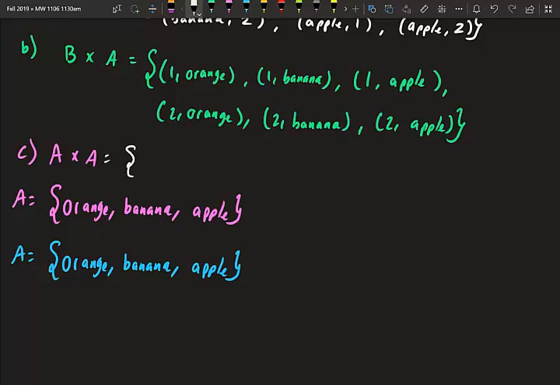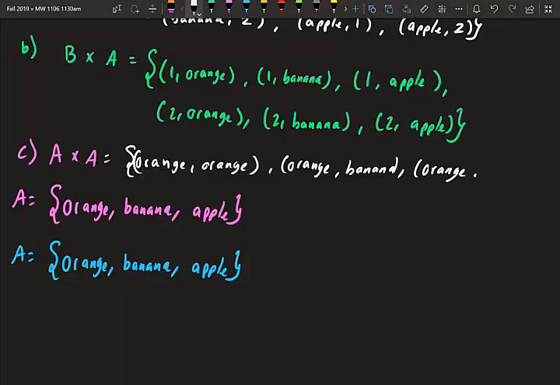So orange, orange, orange banana. I'm going to do OB. And then orange apple, so I'll do OA. I won't be lazy, I'll write it out. Now we do banana orange.